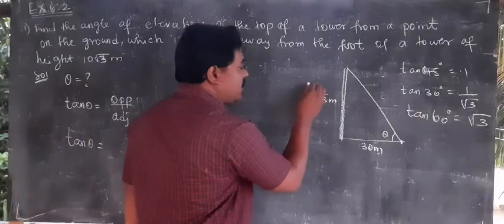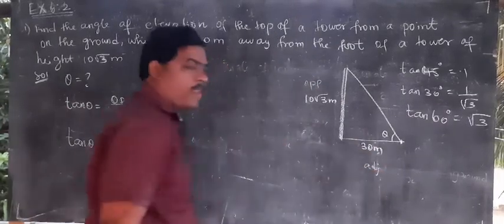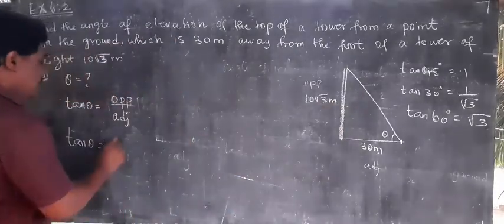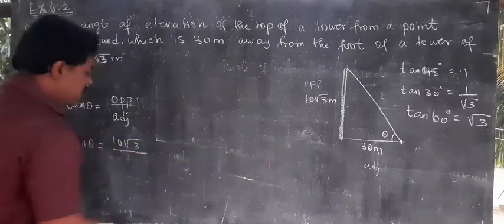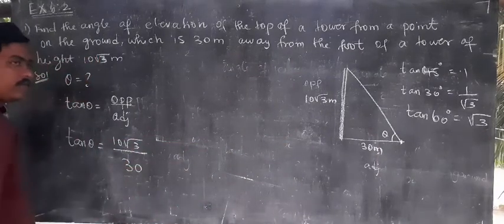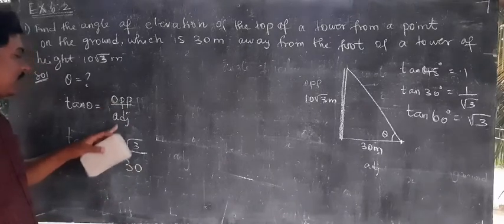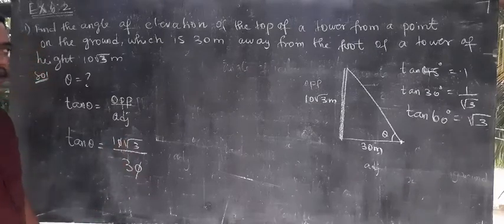See, this is opposite side. This is adjacent side. Opposite side means 10 root 3. Adjacent side means 30. That's all. For opposite I wrote 10 root 3. For adjacent I wrote 30. For this 0 I cancelled.